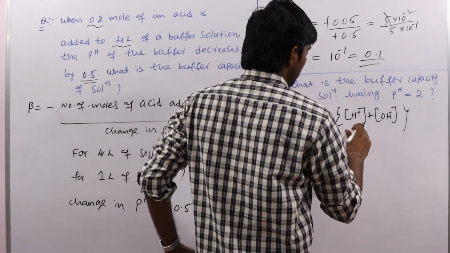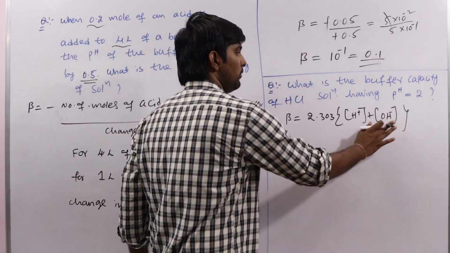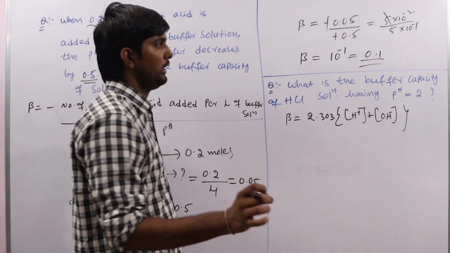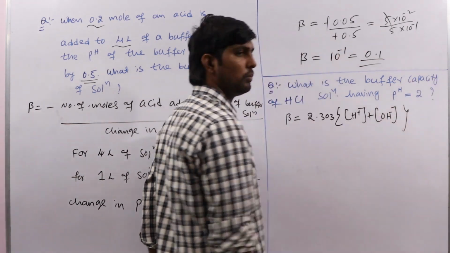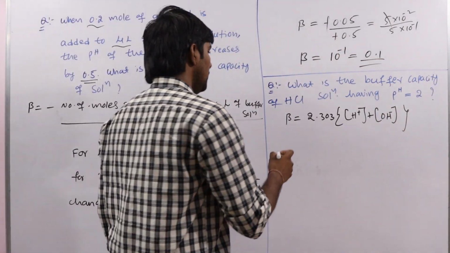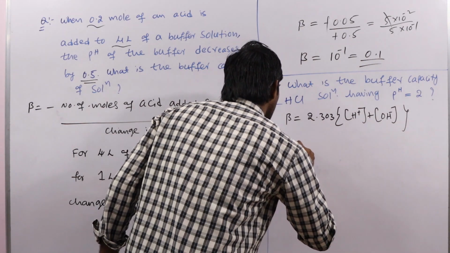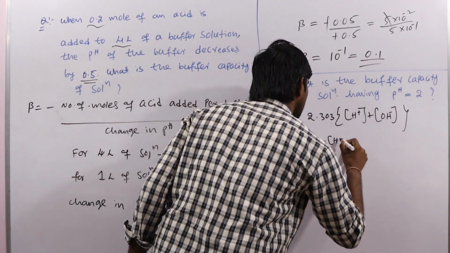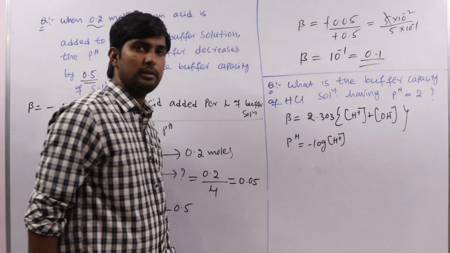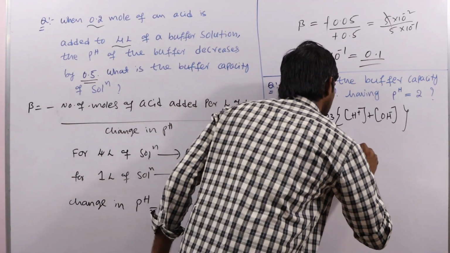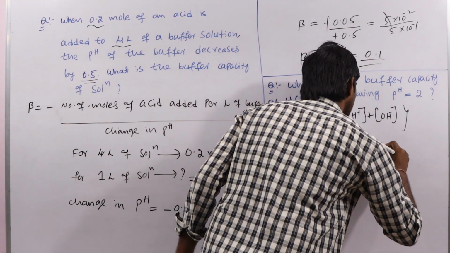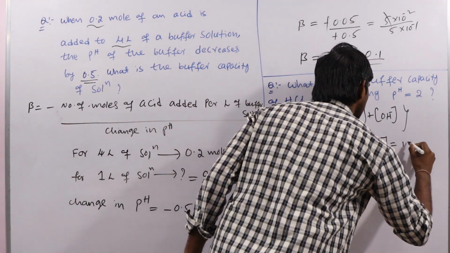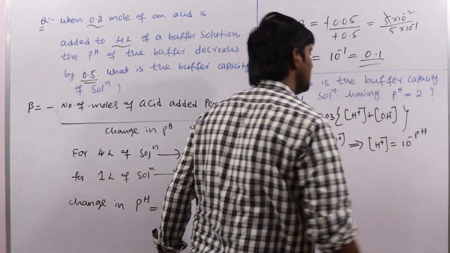Now we don't know the H plus ion concentration and OH minus ion concentration; they have only provided pH equal to 2. We know the relation pH is equal to minus log H plus. From this, H plus ion concentration is equal to 10 power minus pH.